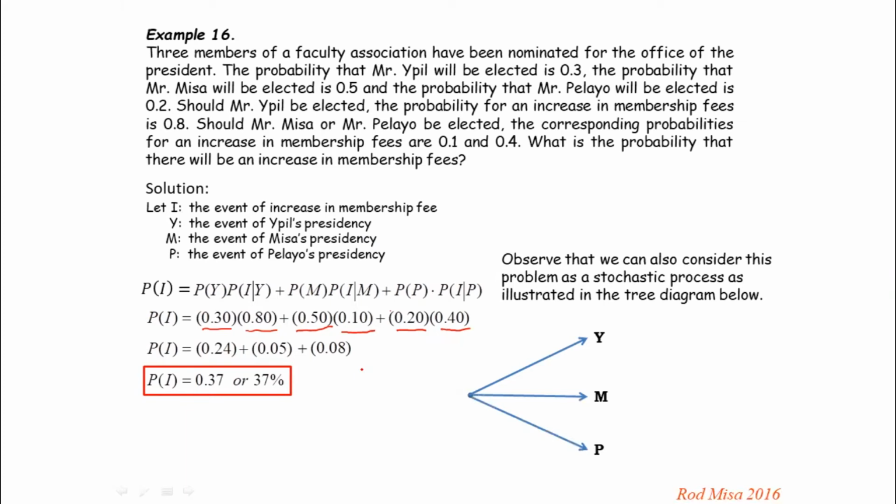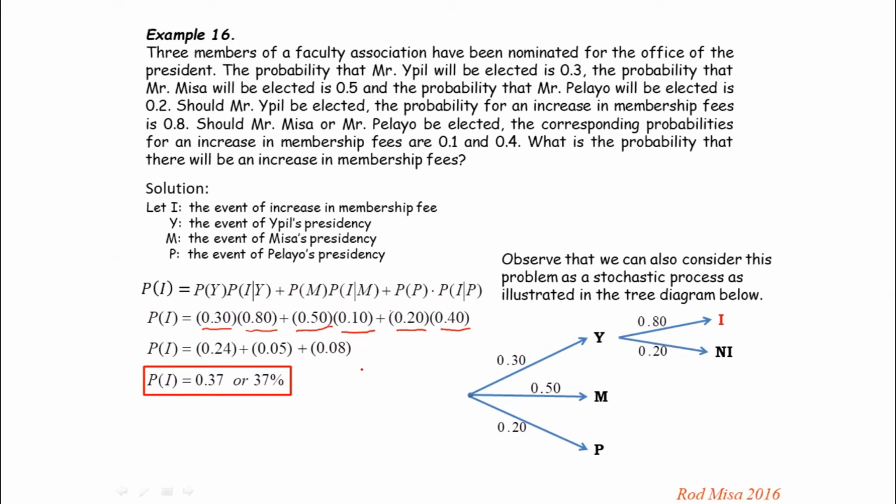The probability of winning for Mr. Ipil is 30% and Mr. Misa is 50%, as well as the probability for winning the presidency for Mr. Pelayo is 20%. But if Mr. Ipil will win the election, there will be a probability of 80% in increasing the membership fee. So for sure, a 20% probability that there will be no increase in the membership fee.